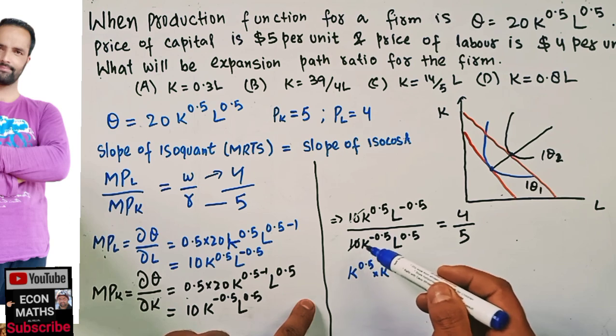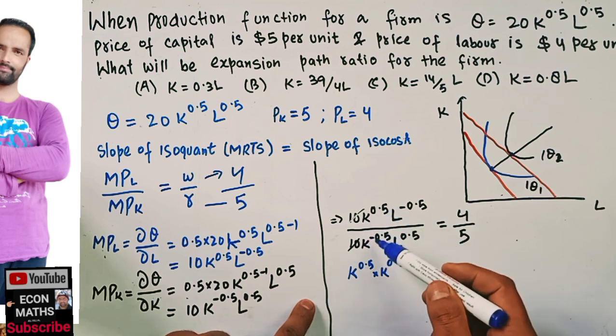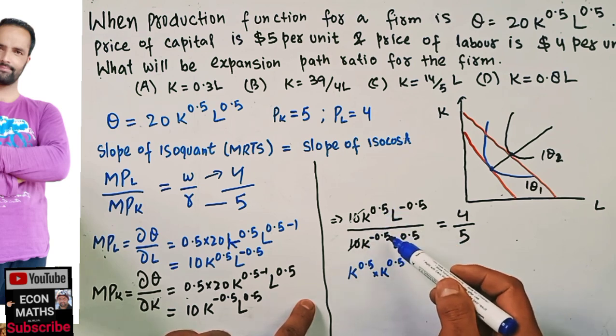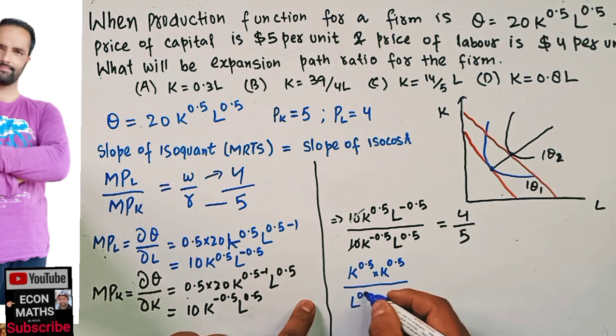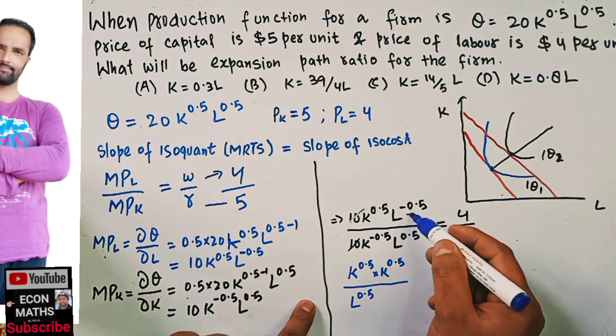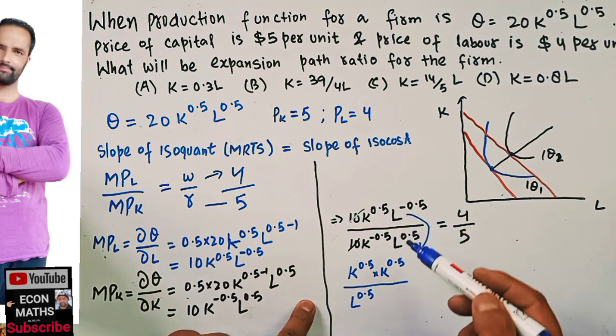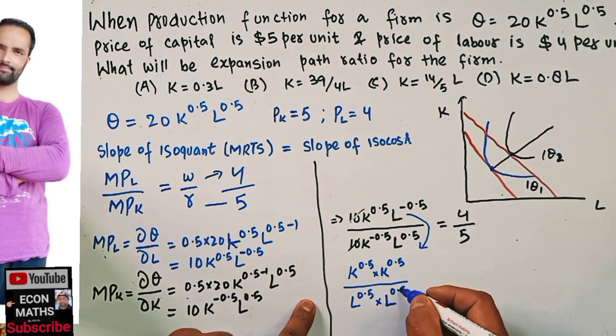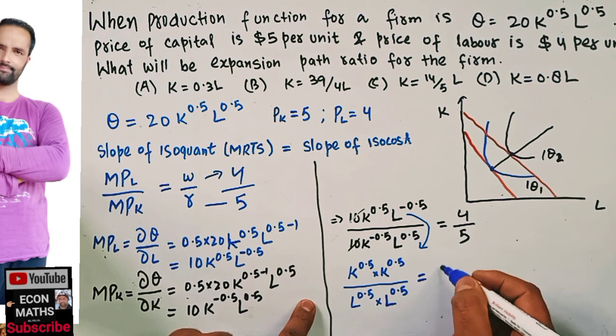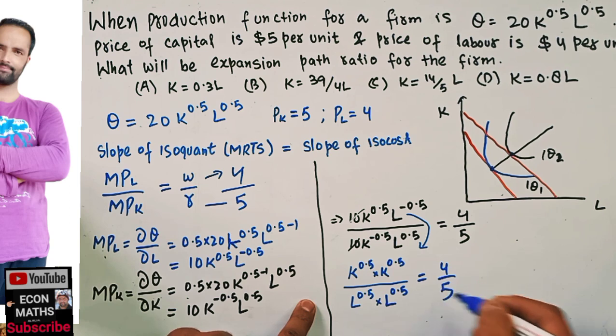When we transpose the denominator to the numerator, the exponent sign gets changed. Here it was minus 0.5, it became plus 0.5. Similarly, we have L to the power minus 0.5, which becomes plus 0.5, in the denominator, should be equal to 4 upon 5.